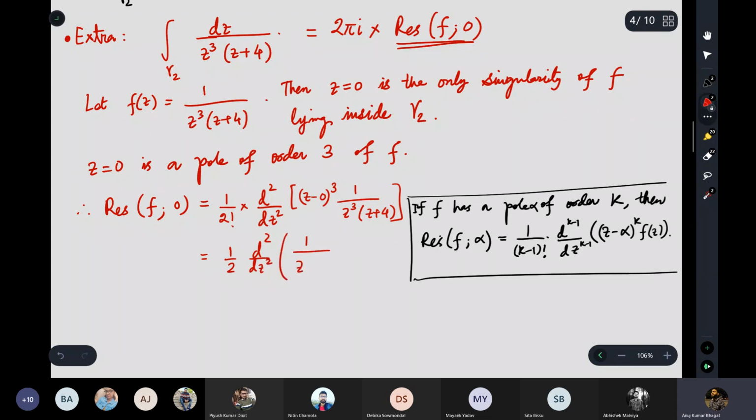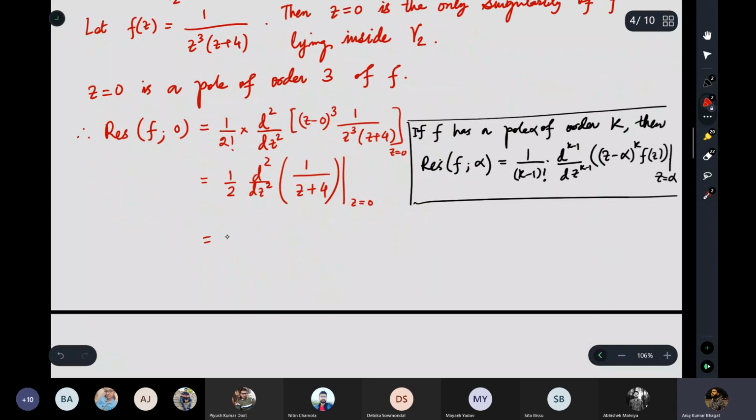I have to differentiate this 2 times, and it should be evaluated at z equals 0. So this is half. What is the differentiation of this 2 times? The first derivative is minus 1 by (z plus 4) whole square, and the second is 2 by (z plus 4) whole cube.